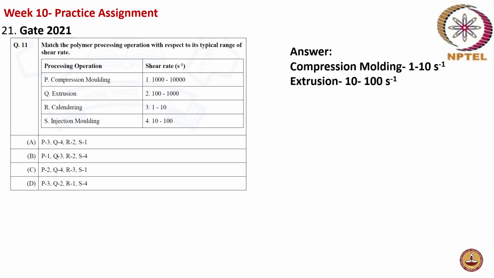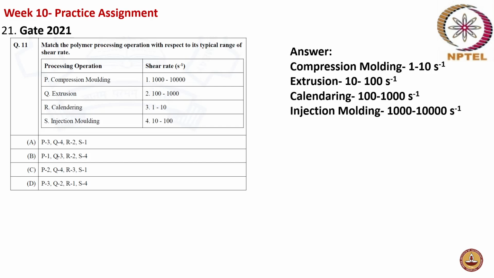Whereas extrusion process, they have 10 to 100 second inverse. Calendering has 100 to 1000 second inverse. And injection molding, they have very high shear rates involved of the range of 1000 to 10,000 second inverse. So answer is option A, P3, Q4 and R2 and S1.